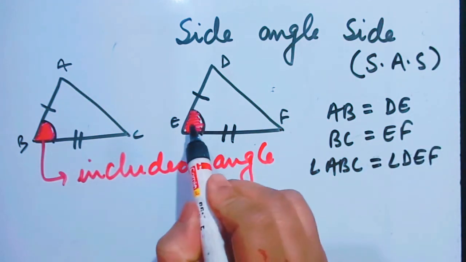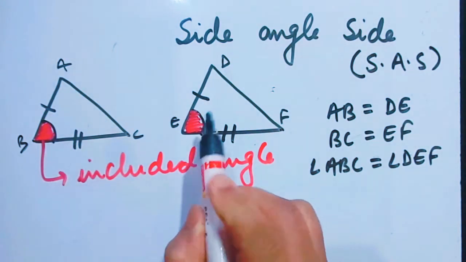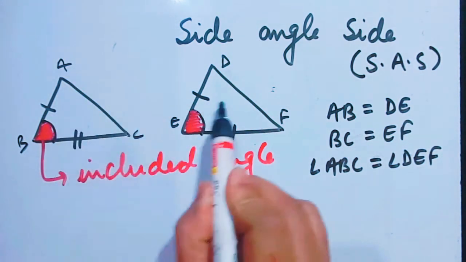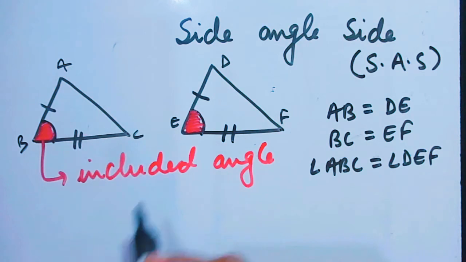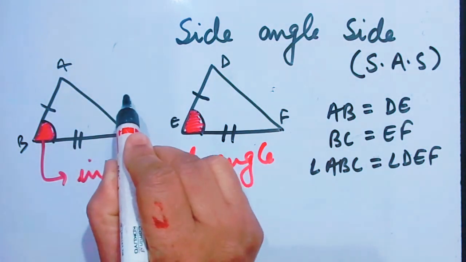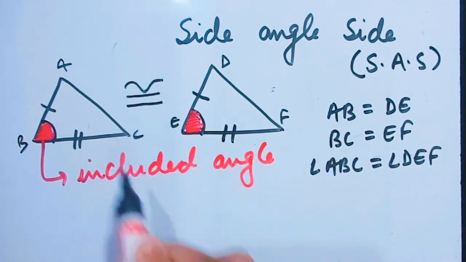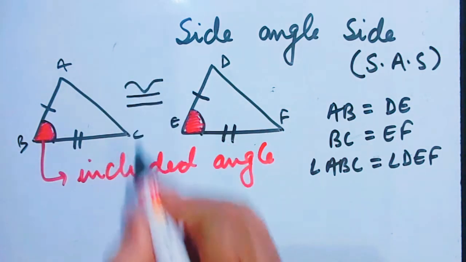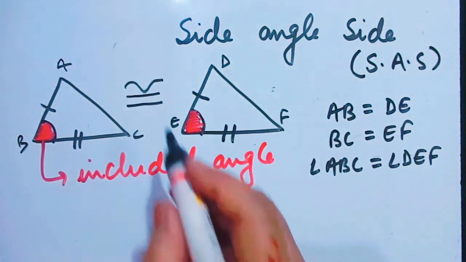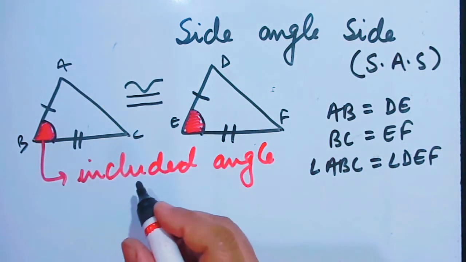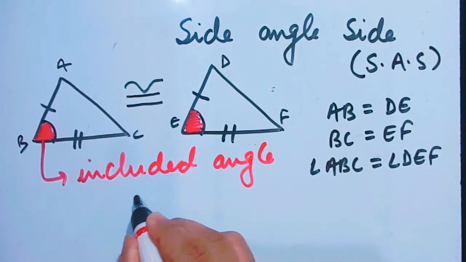Mind it, the angle should be included. Then we say that these two triangles are congruent. See the sign, and why are they congruent? They are congruent with respect to side angle side.